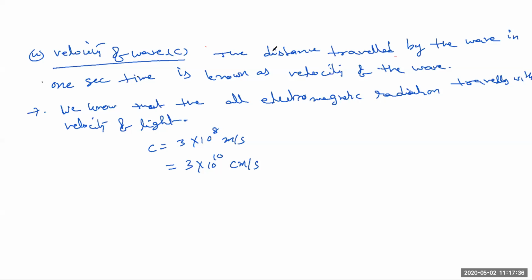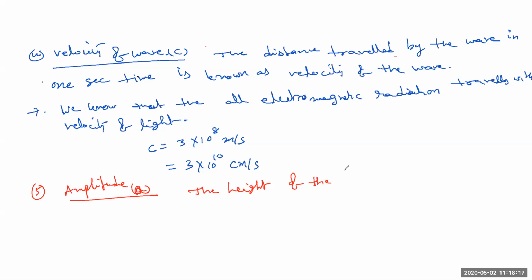Next one more is the amplitude of the wave. The representation is AM. What does amplitude mean? The height of the crest.